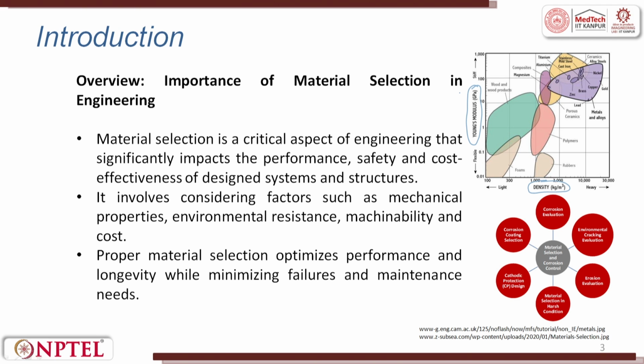Some graphs will have Young's modulus and ultimate tensile strength. So, here what he has done is he has taken a mixed bag and then he has compared material properties with the primary material characteristics.